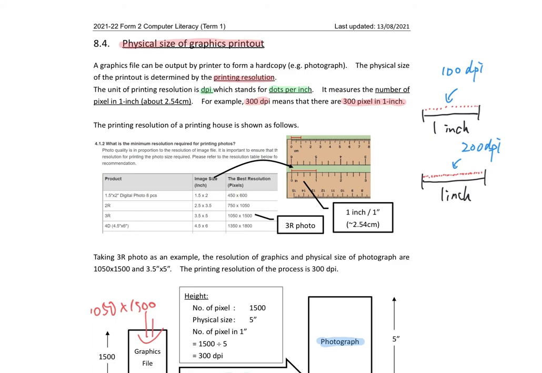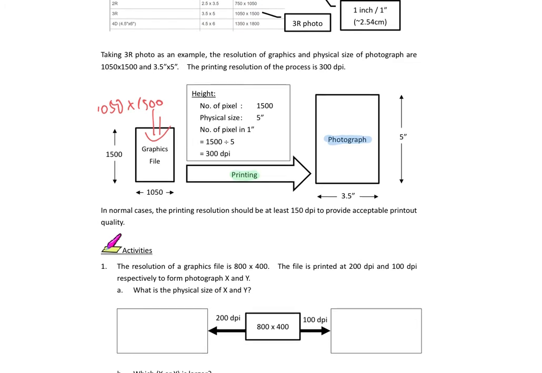Alright, so let's go to the calculation of the physical size. We are talking about the physical size of the printout of the photo. One example: let's say the width is 1050 pixels, and we try to print it to 3.5 inch.